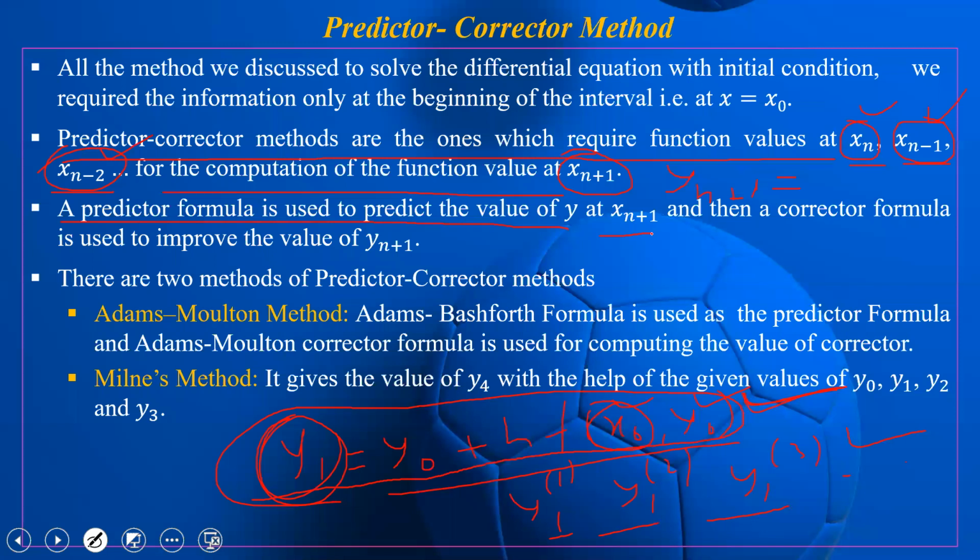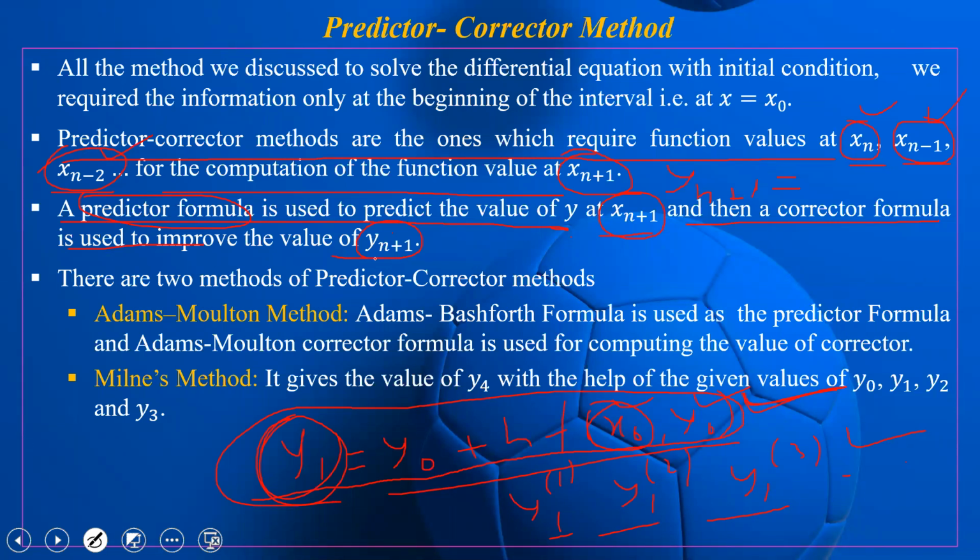So we have 2 formulas. One is called the predictor formula, and the second is called the corrector formula. The predictor formula is used to predict the value of y at x n plus 1, and then a corrector formula is used to improve the value of y n plus 1. We have already seen this in Euler's modified method.